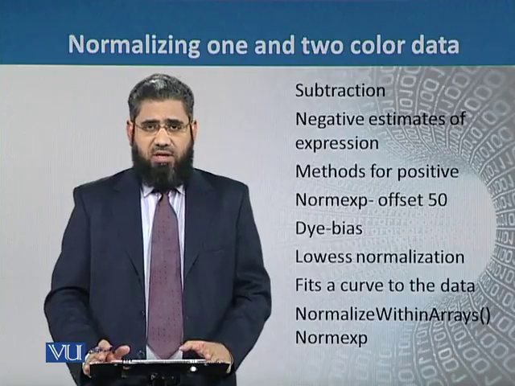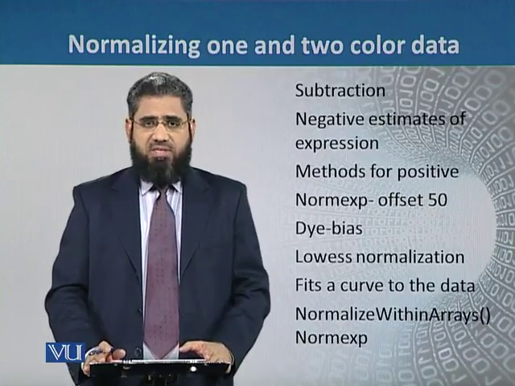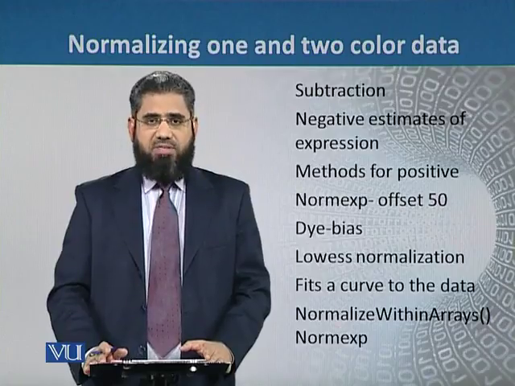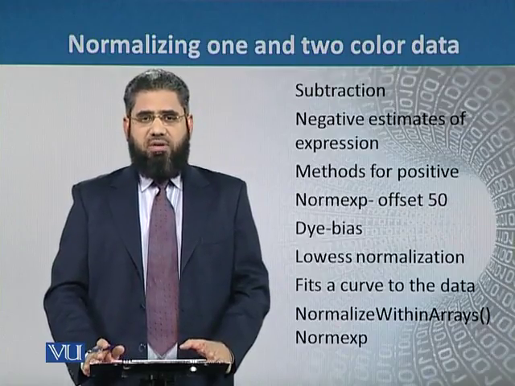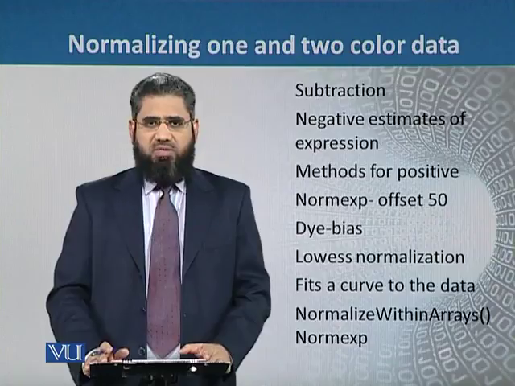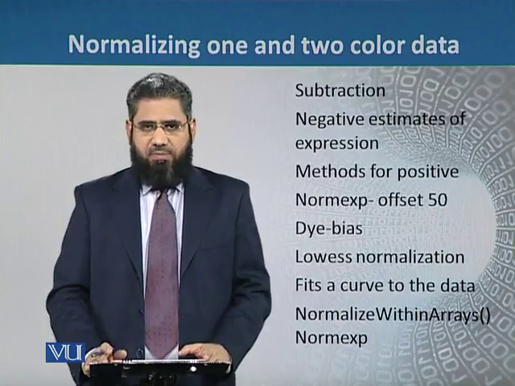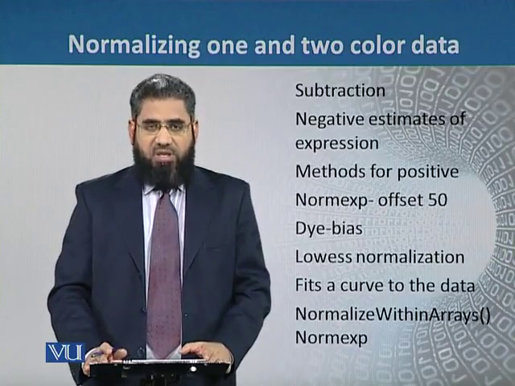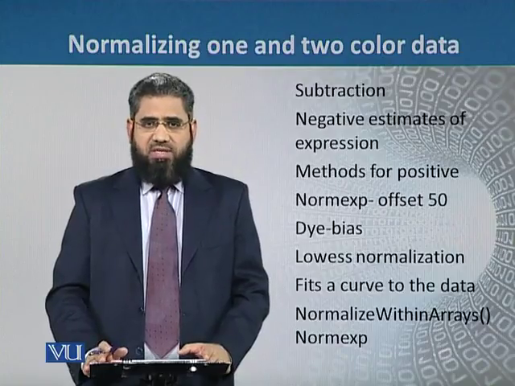And the second problem we face in the 2 color Agilent data is that of the dye bias, because we use 2 different dyes of different colors, one red and the other green, but the weight of both of these dyes is different.